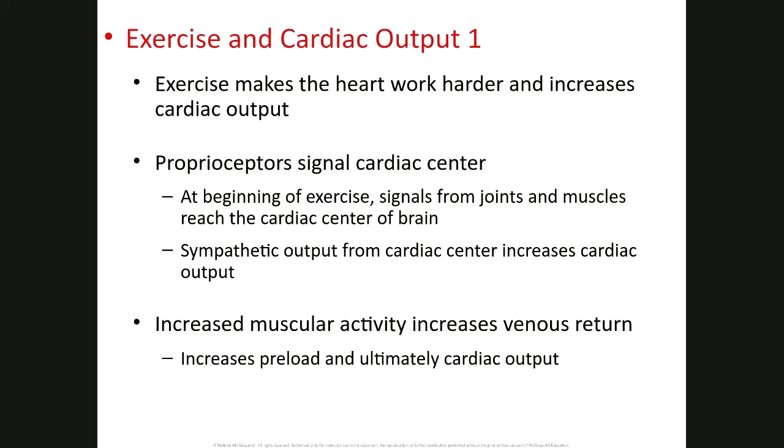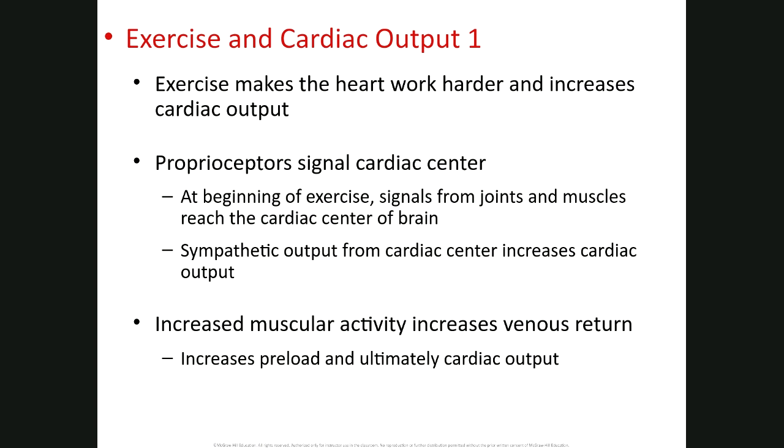Exercise is also a factor to consider because when you start exercising, the proprioceptors, which measure movement in your muscles, tendons, and limbs, will send signals to the brain and say, "Hey, we got activity here." So the brain will move into go mode, the sympathetic mode, and increase cardiac output because it knows the body would ask for more blood in the muscles.